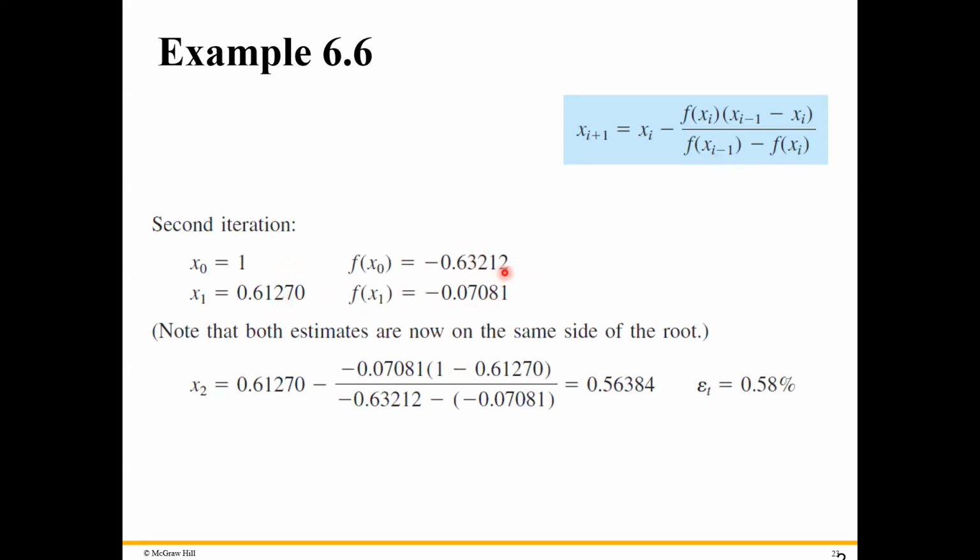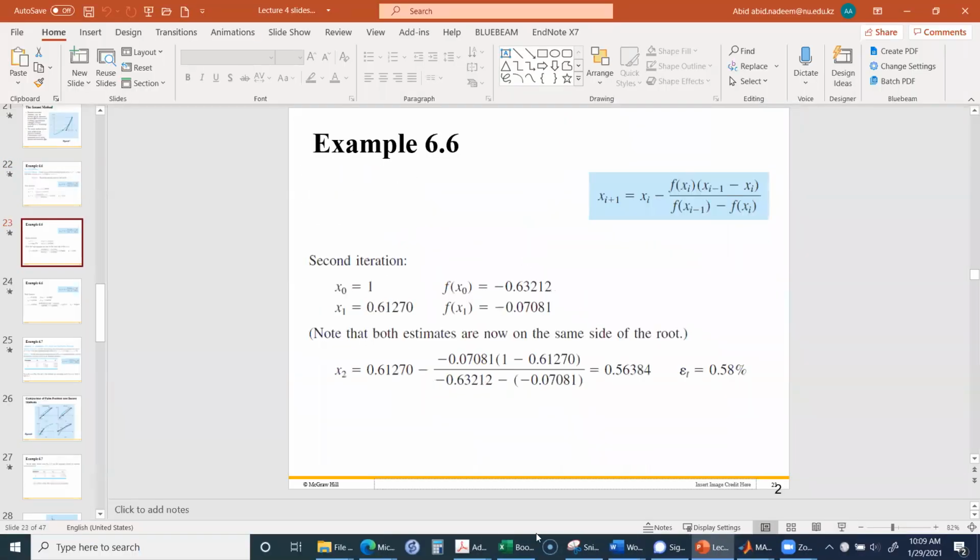Here, we do not bracket the solution, so we don't have to be very mindful of bracketing. Anyway, in this particular case, the solution is converging. Maybe we can see it in Excel.